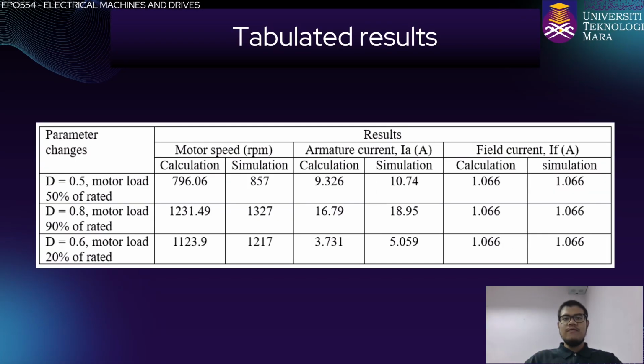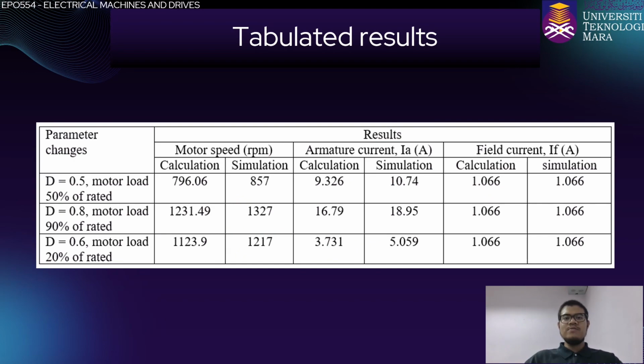In conclusion, for all conditions tested, the results show that increasing the duty cycle will increase the motor speed due to the higher terminal voltage, while increasing the motor load increases the armature current because more torque is required. The field current remains constant since the motor operates with fixed field excitation.